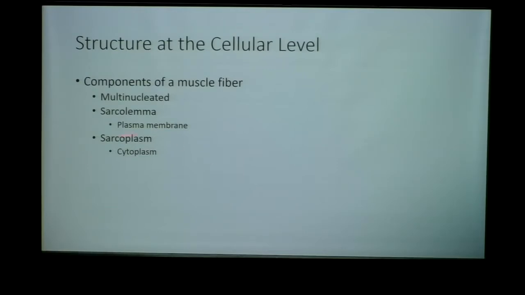And then the cytoplasm, which is that fluid within the cell that helps to nourish and provide all the nutrients the cell needs, has all the organelles for cellular functioning. This is called the sarcoplasm in the case of muscle. So there are a few unique names to skeletal muscle, sarcolemma being the plasma membrane and sarcoplasm being the cytoplasm.